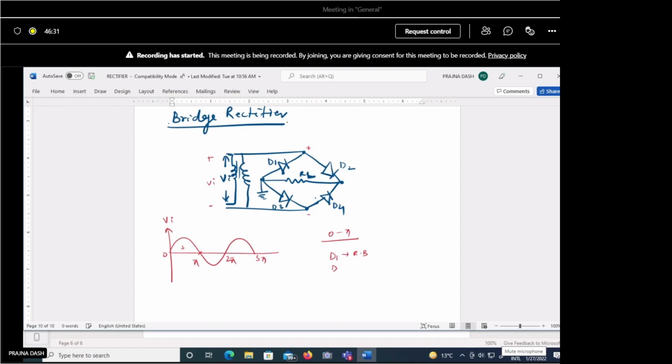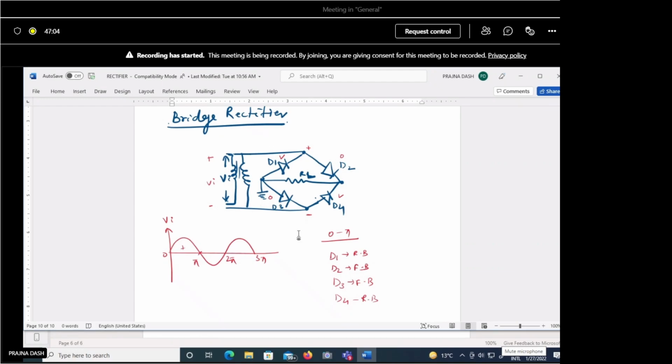This node is getting negative voltage. So the P side of D4 is negative and the N side of D3 is negative, which means D3 is forward biased and D4 is reverse biased. So D1 and D4 are reverse biased, and D2 and D3 are forward biased.